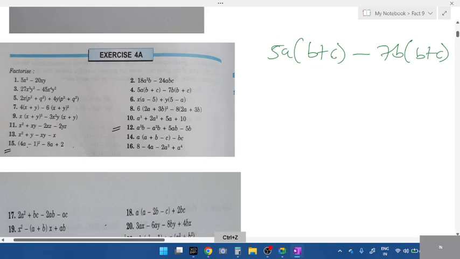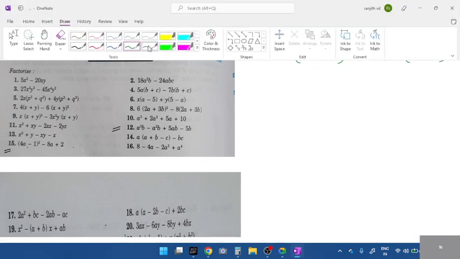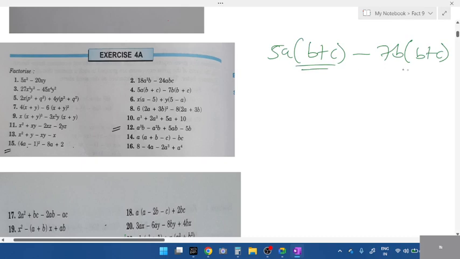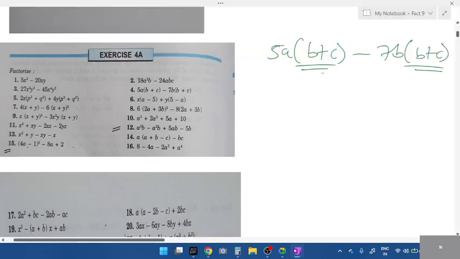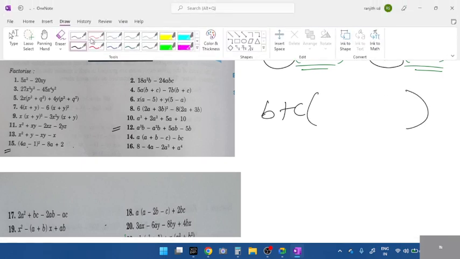Okay. Now check the bracket. For bracket, don't open the bracket, students. Are the brackets same? Brackets are same. Keep it as it is. Before brackets, anything same? No, nothing is same. Then, if both are not same, take the bracket b minus c. This is common, right? What's the remainder?